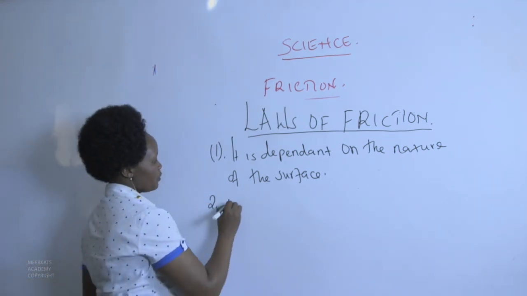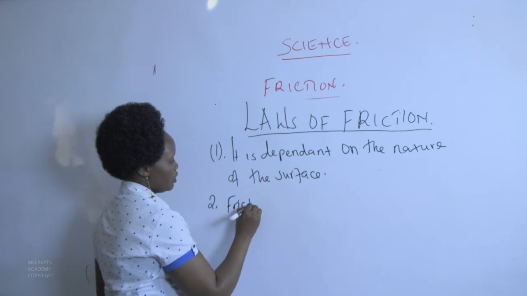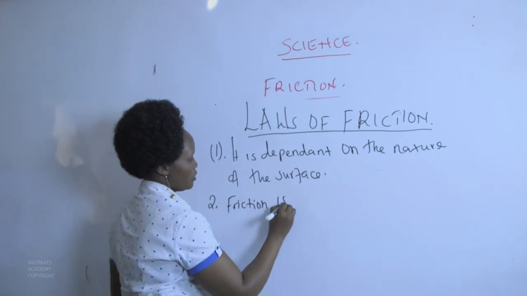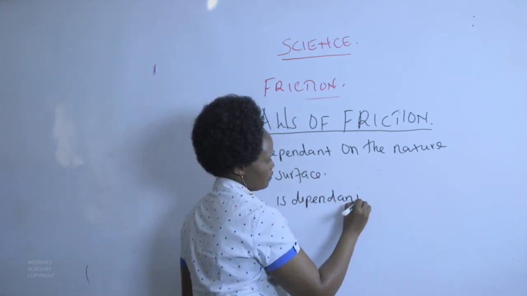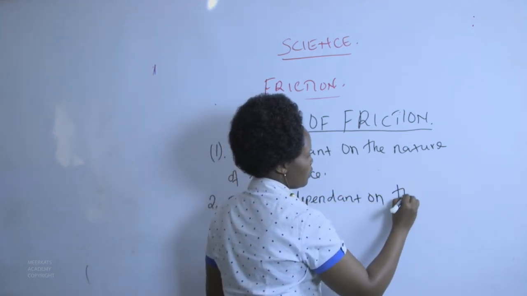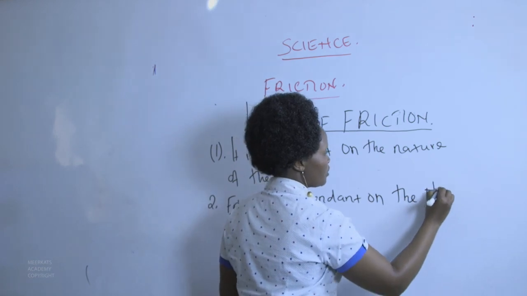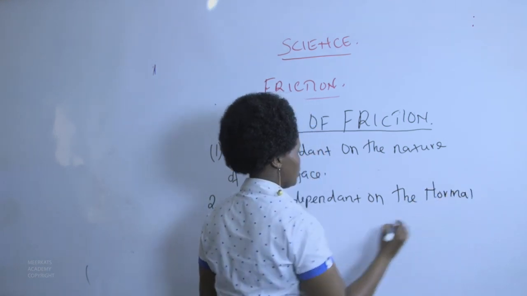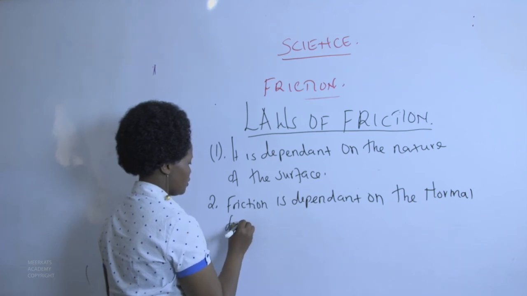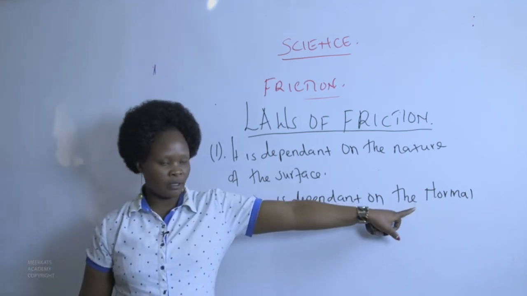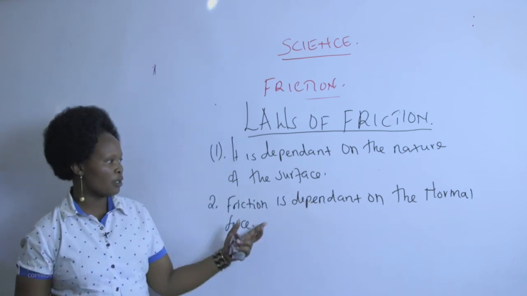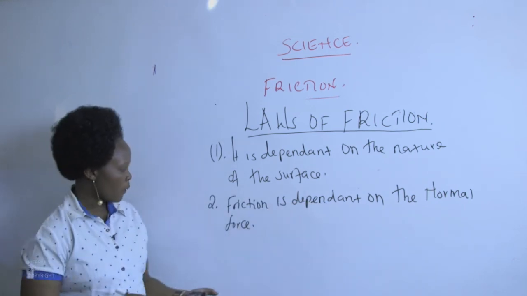Number 2, friction is actually dependent on the normal force. Again, the normal force is going to be brought about by the weight of the body that you are dealing with.